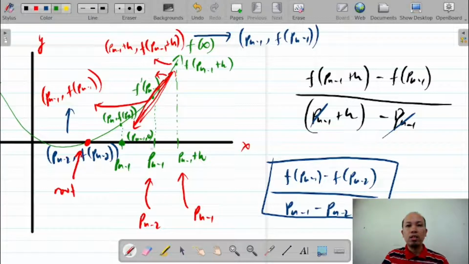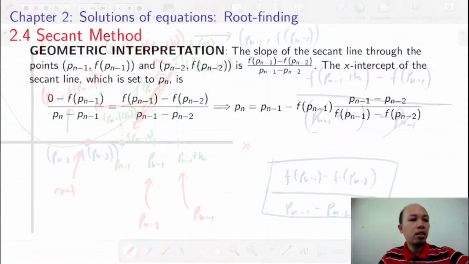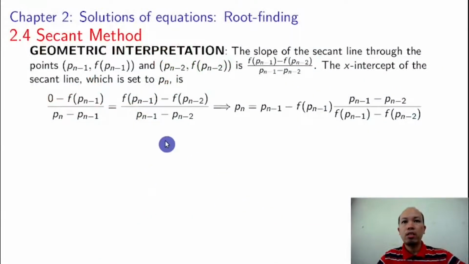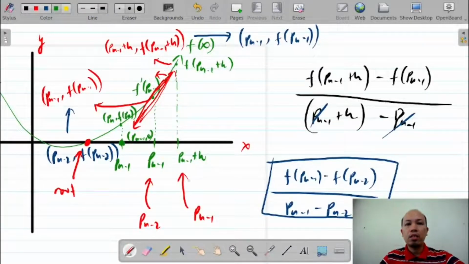If you look at our formula, p sub n minus, look at this point here.